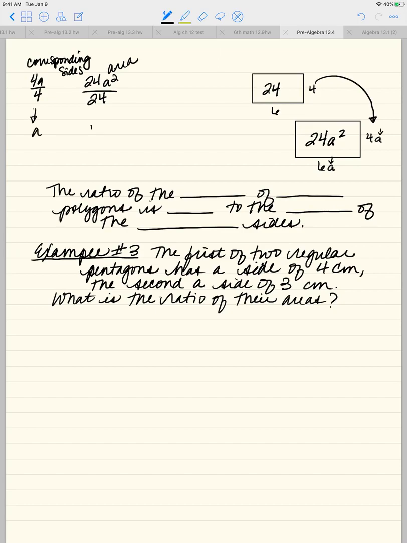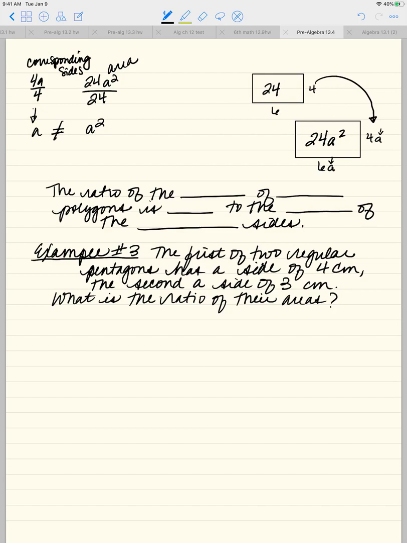So a, and over here we have a squared. Those obviously are not equal to one another. So the ratio of corresponding sides to the ratio of the area is not equal, like the ratio of corresponding sides to the perimeters of similar figures is equal, all right?